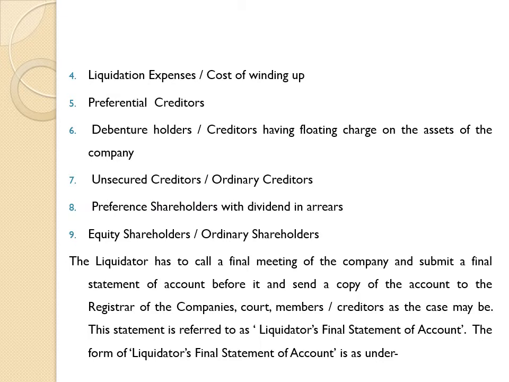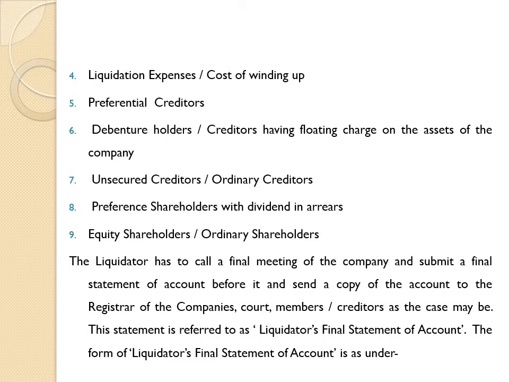There are three types of liquidator's remuneration: one is fixed remuneration, another is remuneration on the basis of assets realized, and the third is remuneration on the basis of payments made to the concerned party. Then number four, liquidation expenses, also known as cost of winding up.